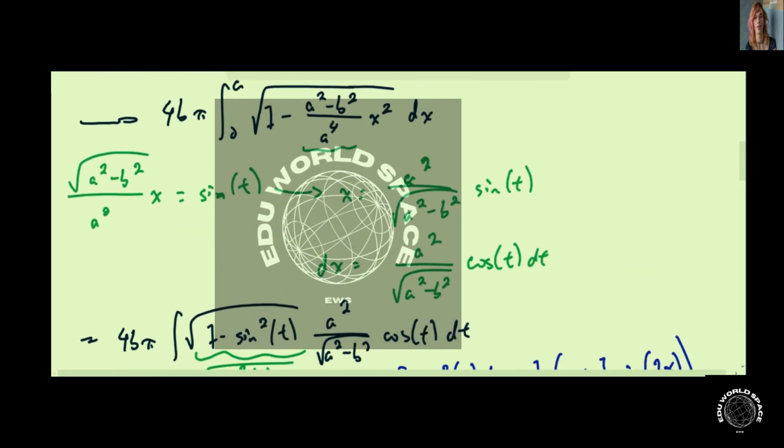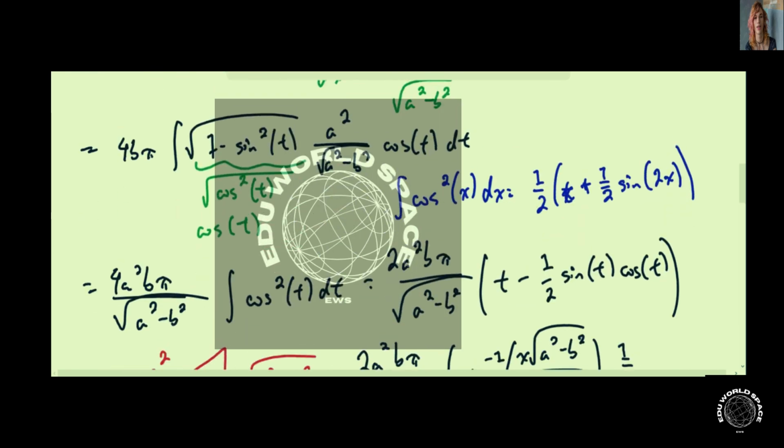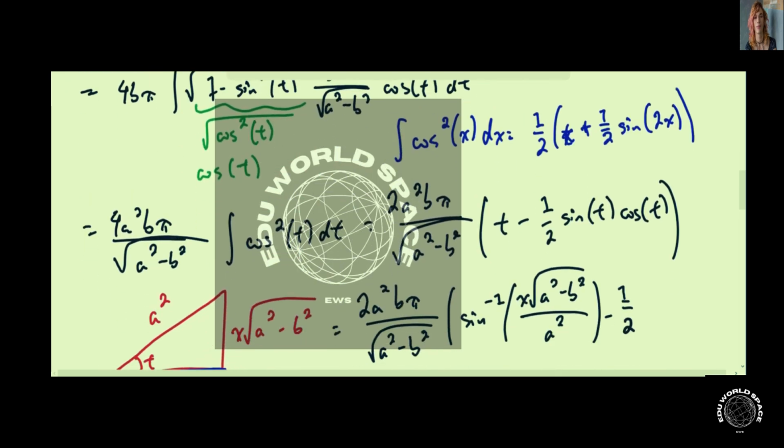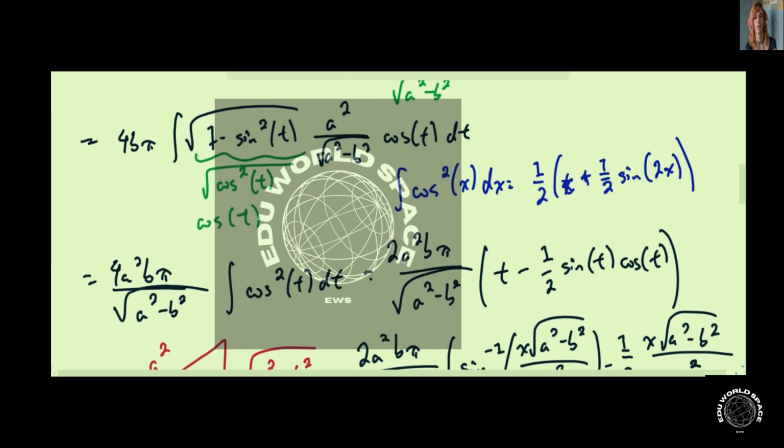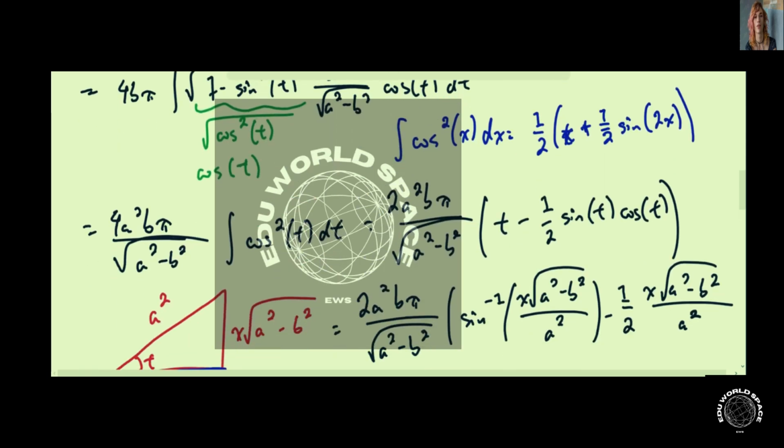We said it's just going to be x root a squared minus b squared over a squared. And this will be multiplied by the cosine, which is the adjacent over the hypotenuse. And actually I made a mistake here. There shouldn't even be this 1/2 here, nor here.